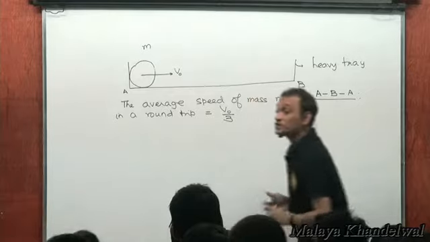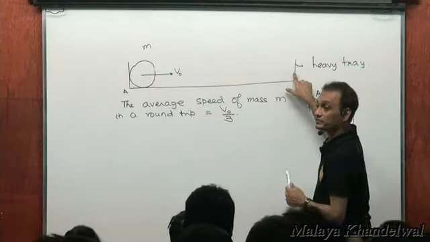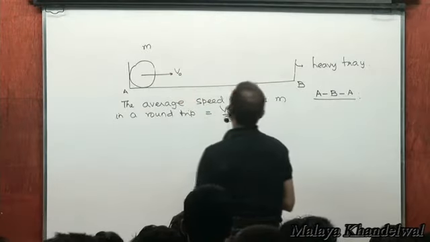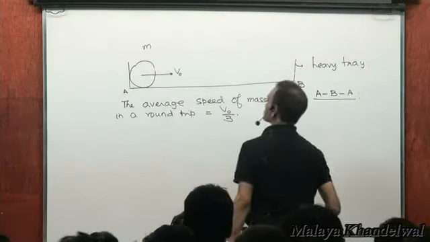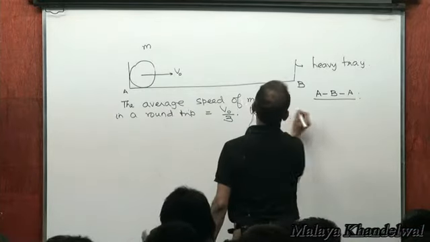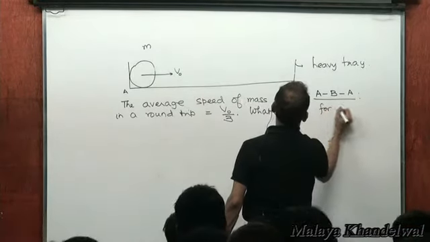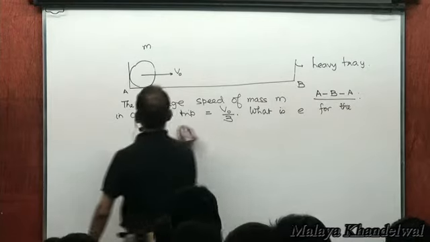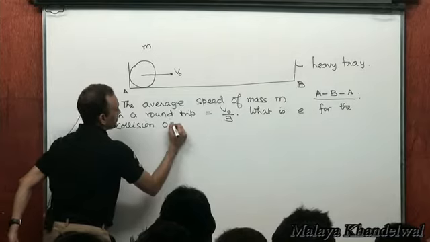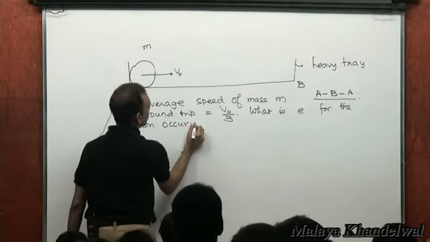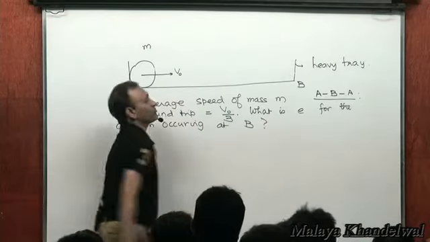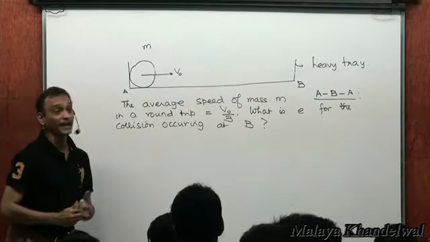Now, where on earth does the collision take place? It takes place here, and it rebounds, and it completes a round trip, right? So now, what is E for the collision occurring at B? We want to find the coefficient of restitution for the collision occurring at B.